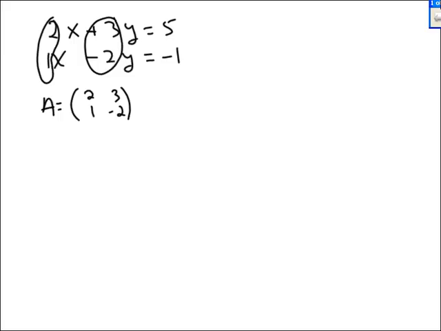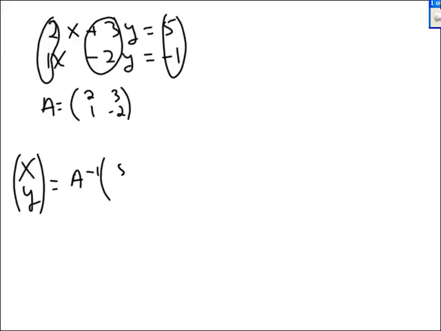I'm ready to write down the format to get the answer. xy is going to equal the inverse of A times the right-hand matrix. It's the inverse of the coefficient matrix times the right-hand side numbers. So I just need to figure out what A inverse is.